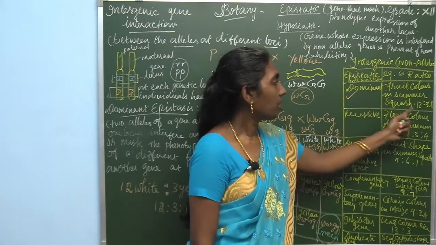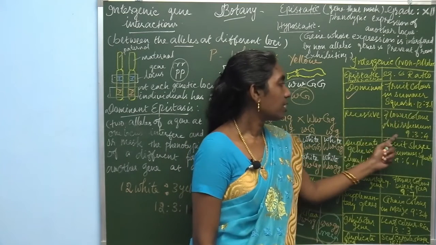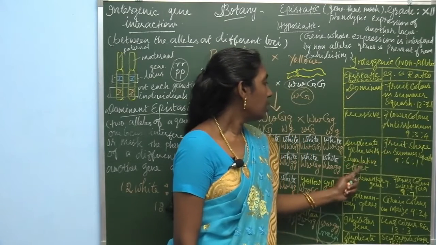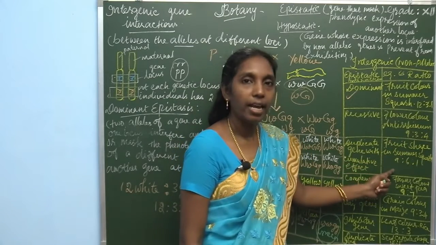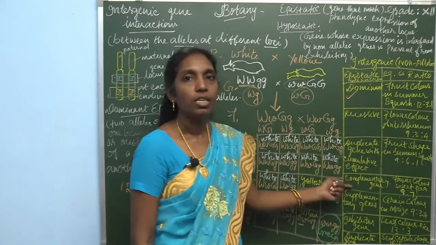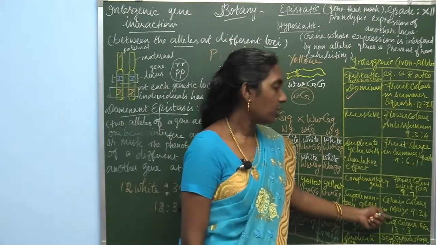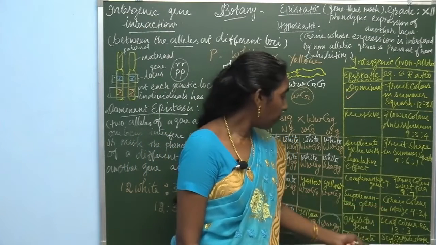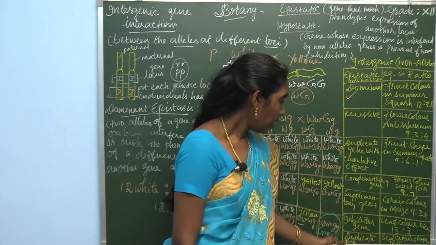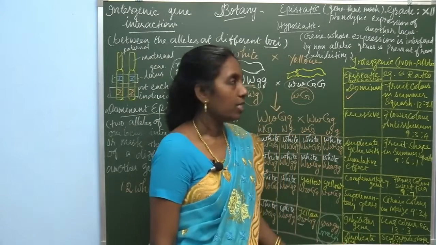Dominant gene interaction ratio is 12:3:1. Recessive epistasis 9:3:4. Duplicate gene with cumulative effect is 9:6:1. Complementary gene ratio is 9:7, supplementary gene is 9:3:4, inhibitor gene is 13:3, and duplicate gene is 15:1.